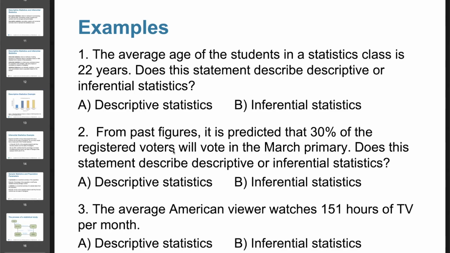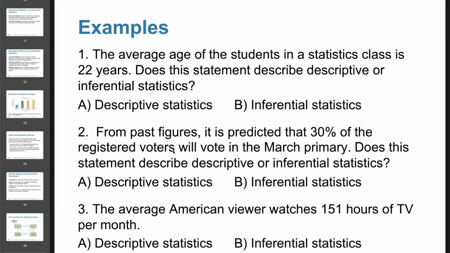Okay, last one. The average American viewer watches 151 hours of TV per month. Is it descriptive statistics or inferential statistics? It's inferential statistics. Why? Because, of course, this number, 151 hours of TV per month, cannot be calculated from all American adults.